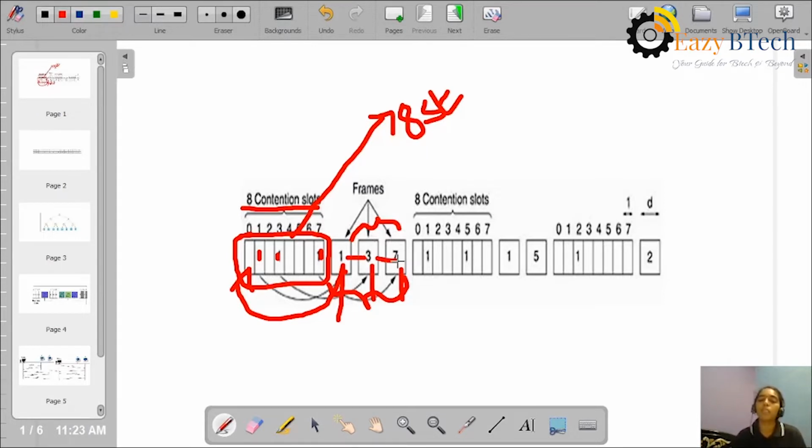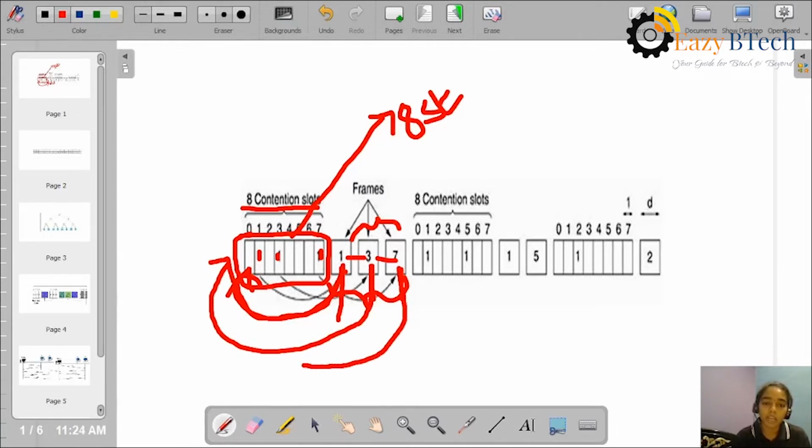Whenever this mutual agreement is successfully done, collisions are eliminated. First station 1 communicates its data frame, after that the channel is assigned to station 3, and after that the channel is assigned to station 7.